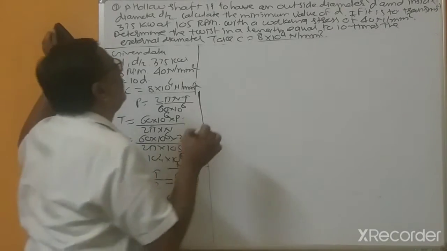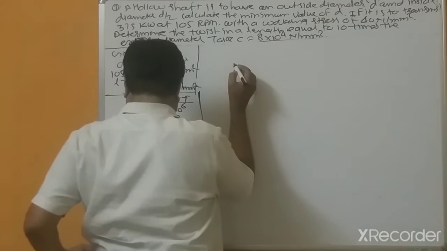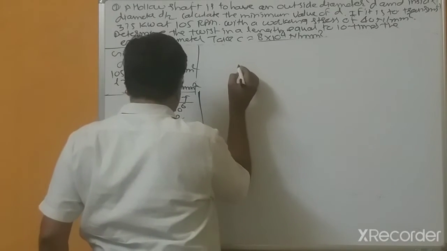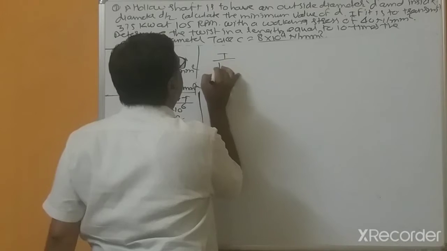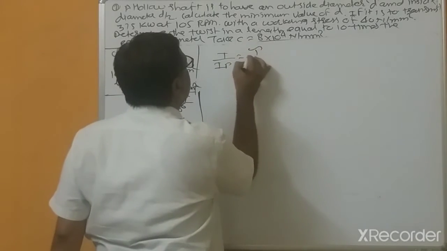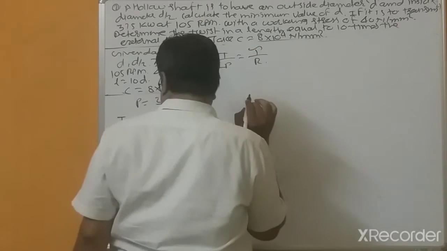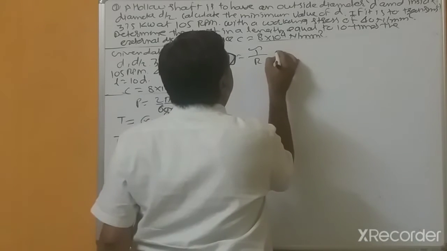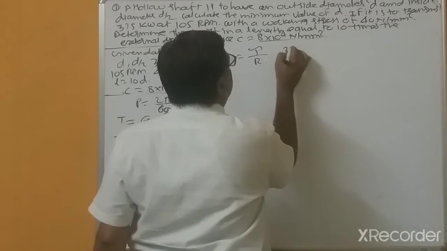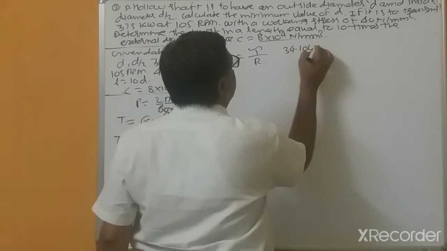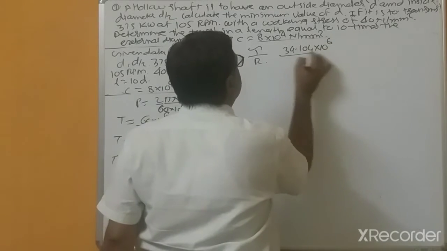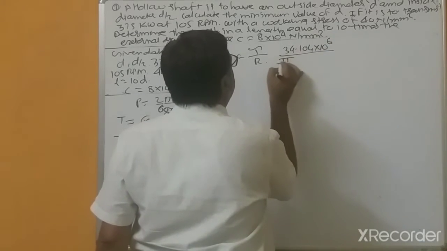By using T divided by polar moment of inertia equals tau divided by R, T equals 34.104 10 to the power 6, pi by 32.